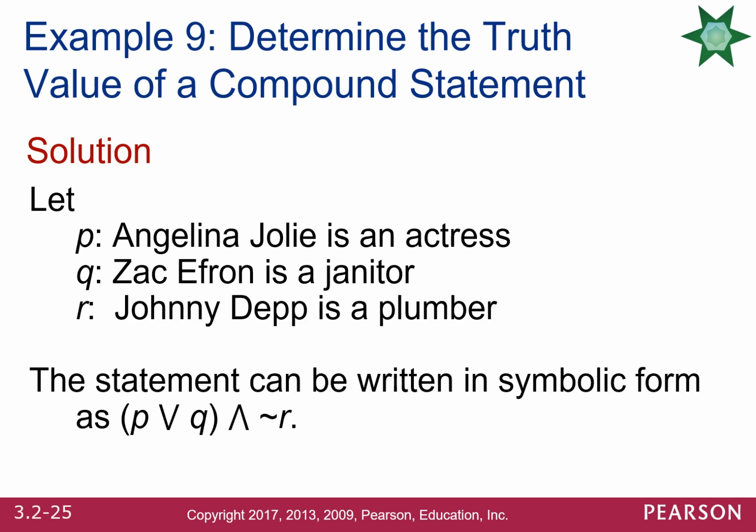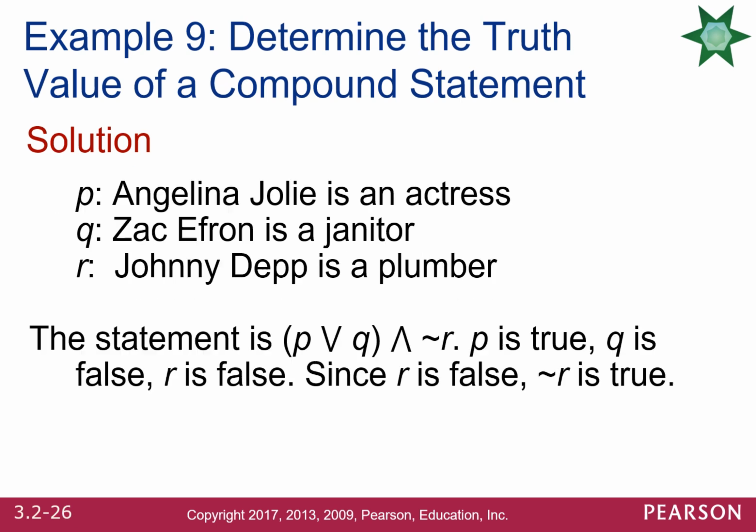So the statement can be written in symbolic form as P or Q, and then we have the and, and then not R. And P or Q is surrounded by brackets because there was a comma after the first two statements. So now let's go to the next slide and see how they resolve this.